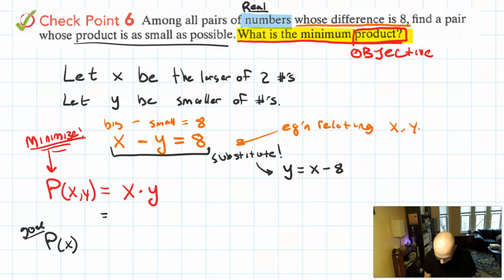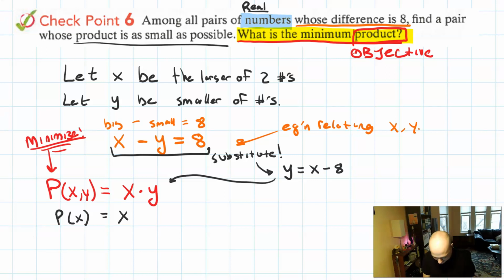So if I substitute this in here, then the product in terms of just x is x times x minus 8. Notice what we have now. We have a quadratic, right? This, oh my gosh, is a quadratic.